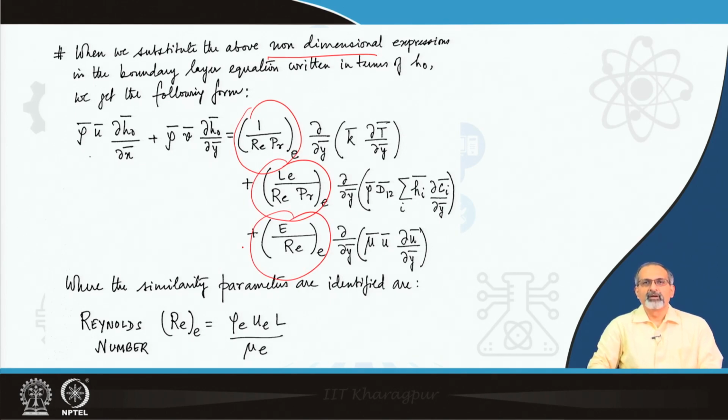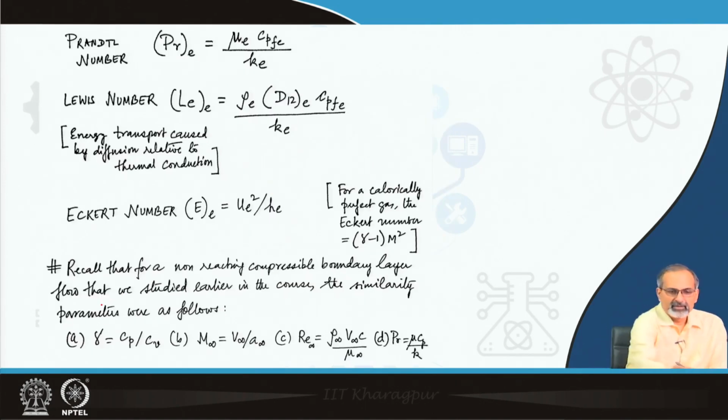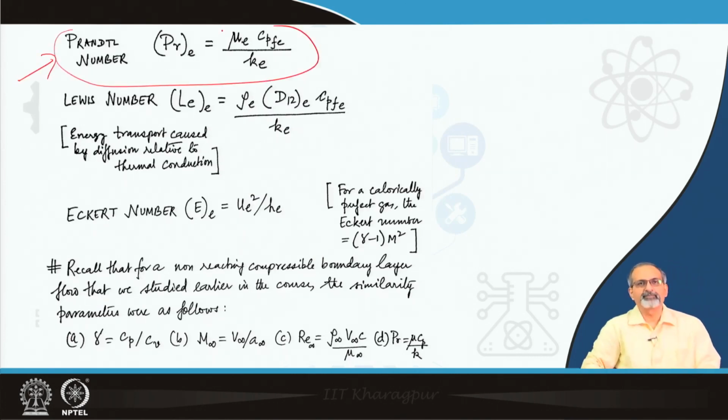If you identify them separately, then the first one happens to be the Reynolds number, which was identified as one of the similarity parameters in non-reacting compressible boundary layer too. Similar is the case for Prandtl number, which also had surfaced earlier.